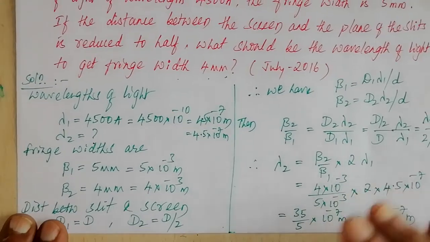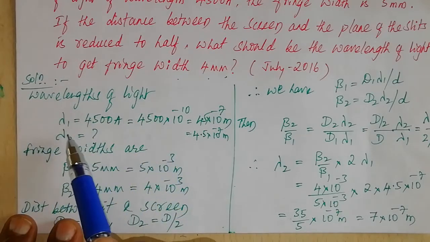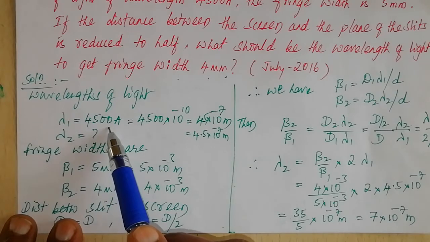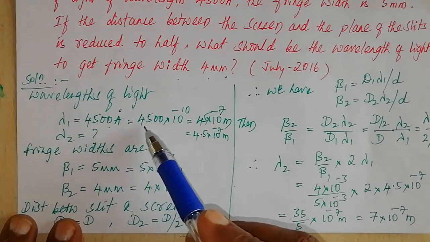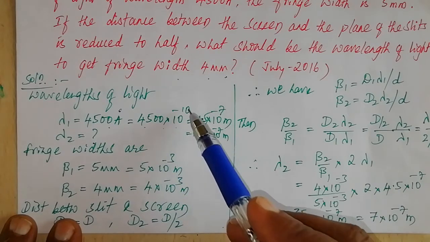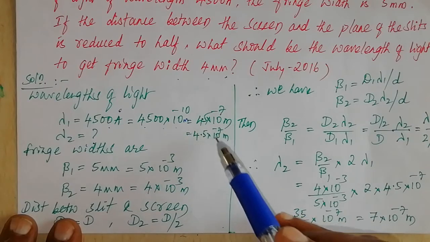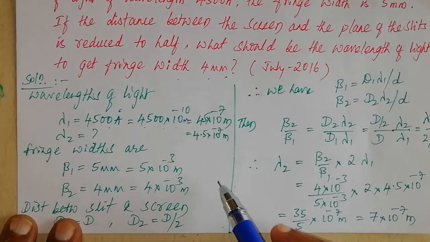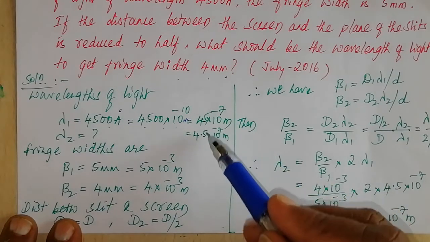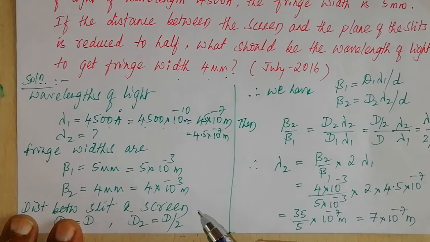So let us list down the given data. Solution: wavelength of light lambda 1 is 4500 angstrom units, or 4500 into 10 raised to minus 10 meter, or 4.5 into 10 raised to minus 7 meter, that is the wavelength of light lambda 1.